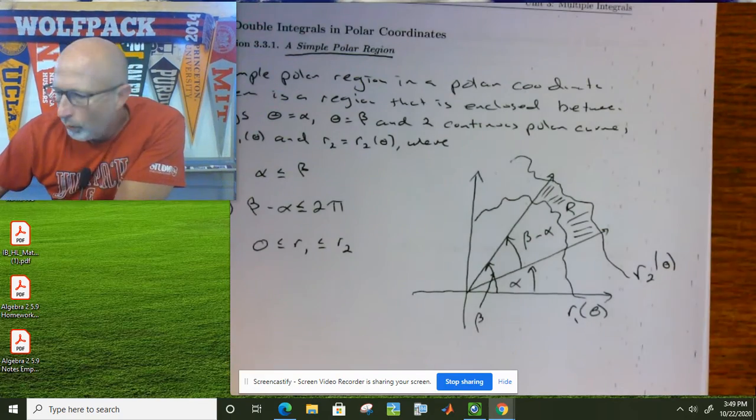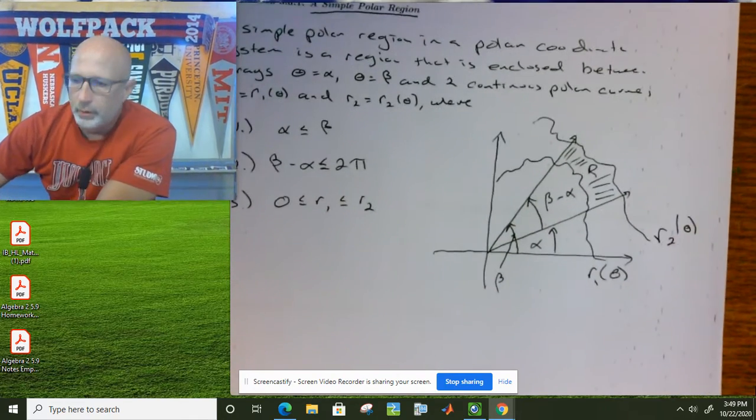Okay, so what is a polar rectangle? Let's go further and define this.